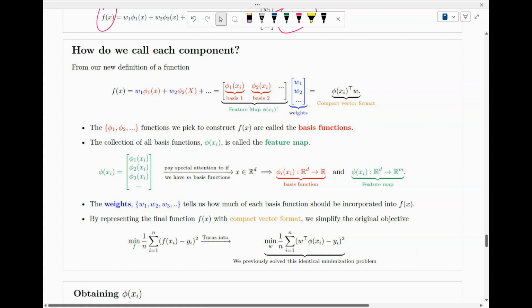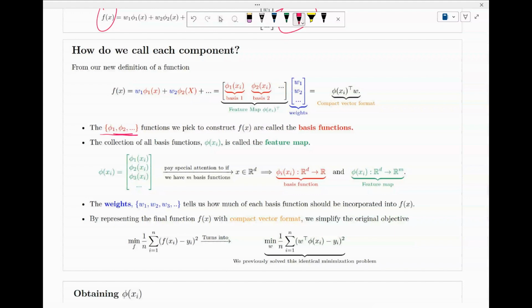Given this new definition, we can split the basis functions, the functions that we use to represent the ultimate function here, and the weights. These are color coded. The red are all the functions that we use to represent our final function.